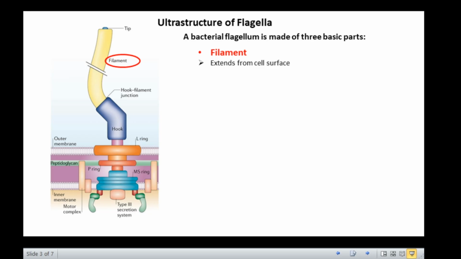The helix may be right-handed, as in the case of Caulobacter crescentus, or left-handed, as in the case of Salmonella species. It is composed of the protein flagellin, the molecular weight of which is 30,000 to 60,000, and is a hollow tube 20 nanometers thick.